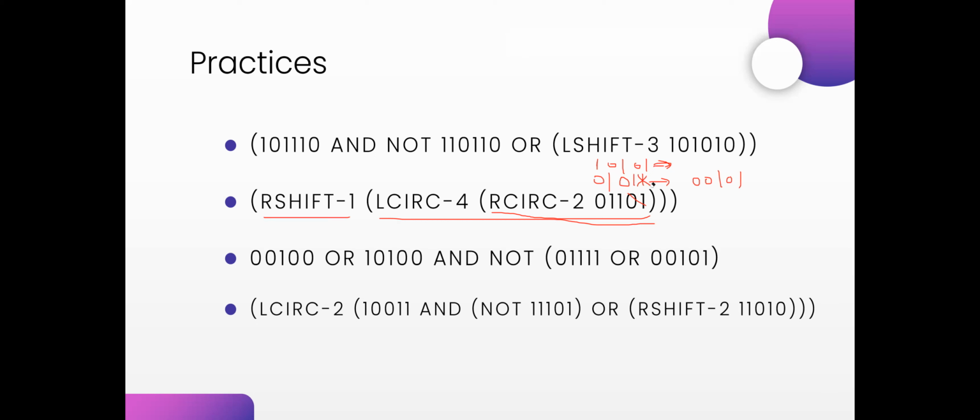So this is my first step result, this is my second result, and my third step result should be based on the second step result. Then right shift by one, I should get 01010. All right, so this is the final result for the second question.